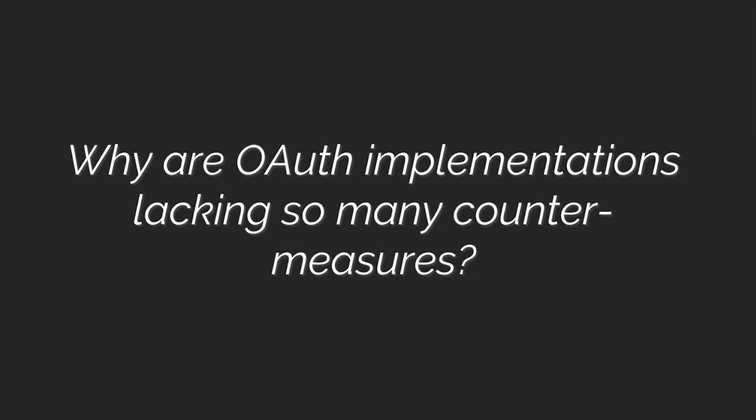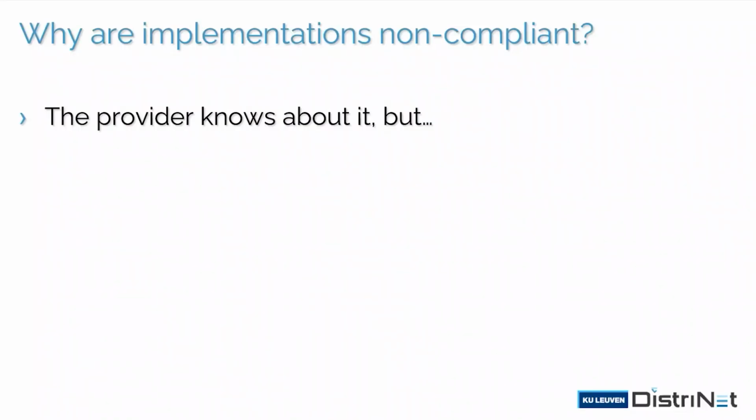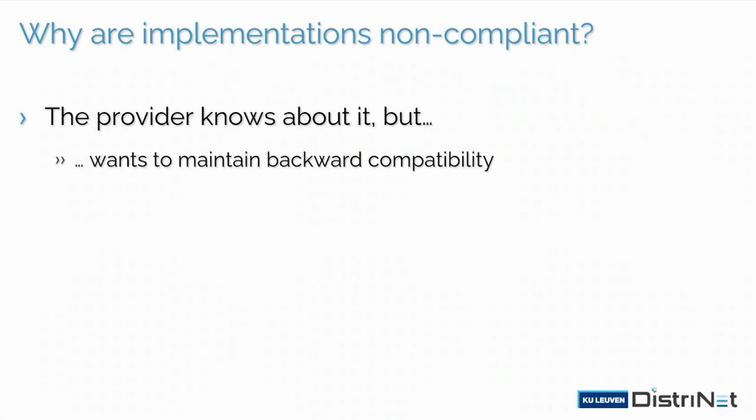Some of these reasons were actually confirmed by the people we contacted when we were doing our responsible disclosure. Surprisingly, a lot of these providers claim that they know about the issue, but they want to maintain backward compatibility, right? Fair enough. It's important. You can't just break everything to get a little bit more security.